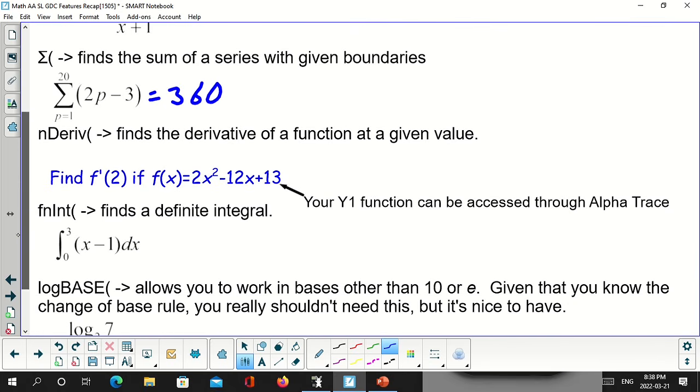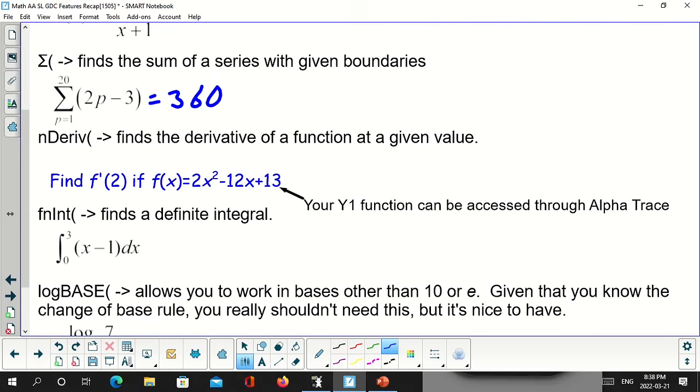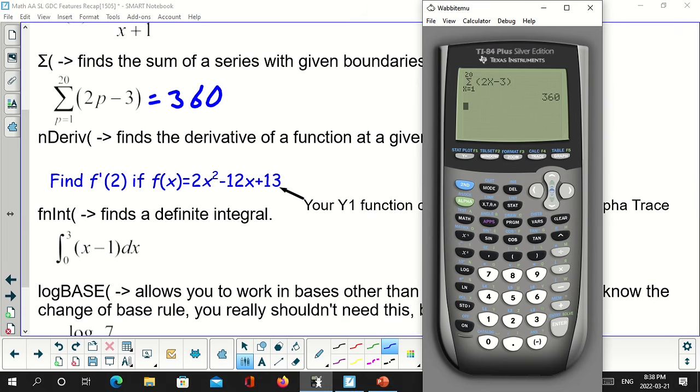The n-deriv does the same thing that we could do with the graph, but you don't have to put in the graph. So if I wanted to find this f prime of 2, which we already found right back here, I could do it like this. Alpha, and then window, and there's this n-deriv, that's number 3. And it'll say the derivative with respect to x, and then I'll tell it about f of x.